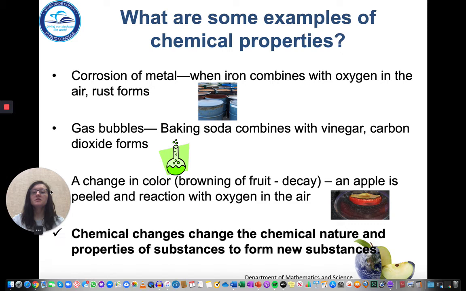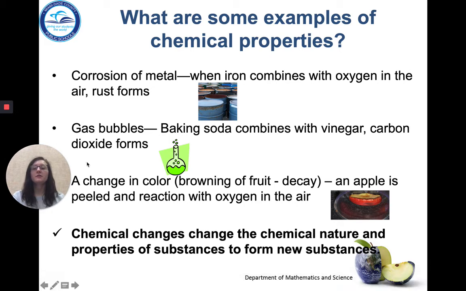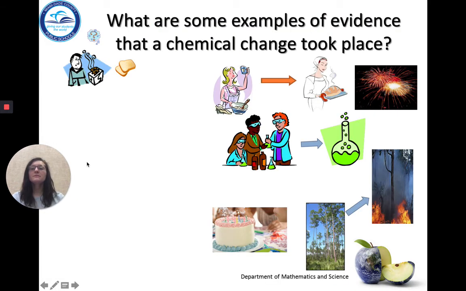So chemical changes change the chemical nature and properties of substances to form new substances. Remember that physical and chemical properties are opposite of each other. All right, so what are some examples of evidence that a chemical change took place?